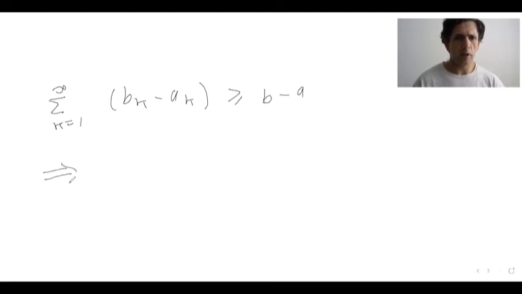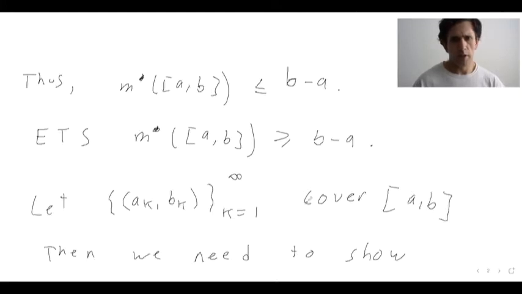And if we can do that, that will imply that m star of a to b is bigger or equal to b minus a. Why? Well, it's just the definition. Let me explain that if it's not clear.